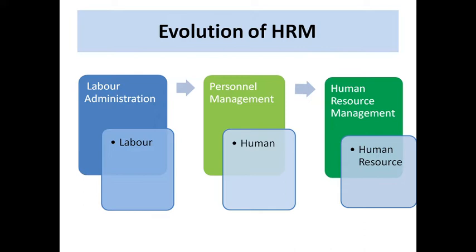If you study the evolution of human resource management, you will find that it is of relatively recent origin. In the early period, it began with labor administration. There was a period when labor, meaning the employees or the workers, was considered only a factor of production. They were seen as a cost.